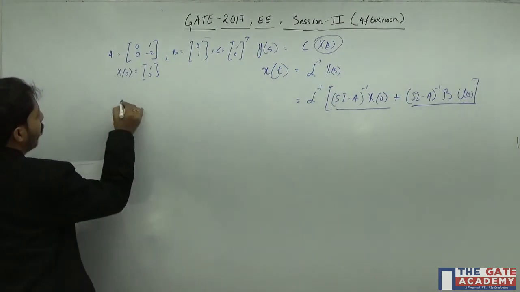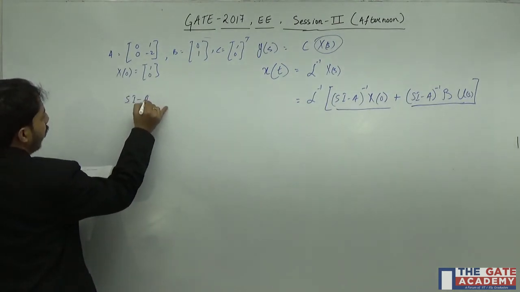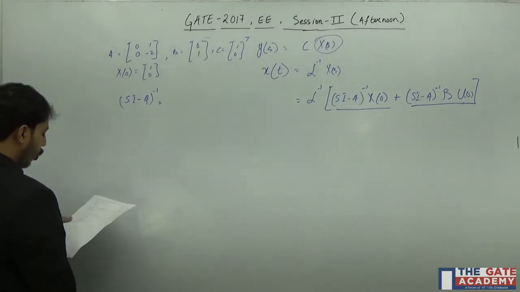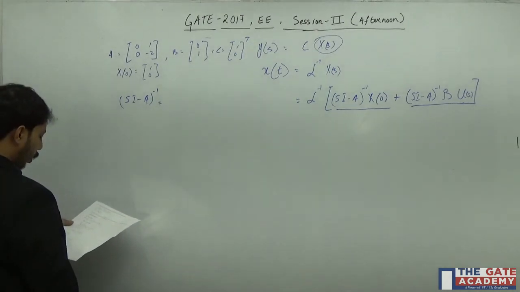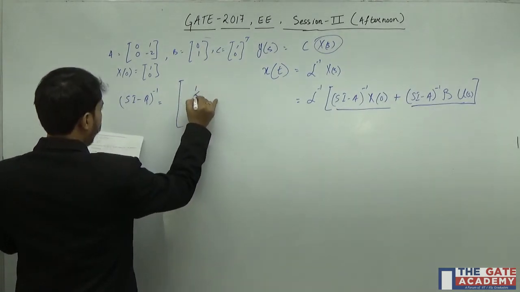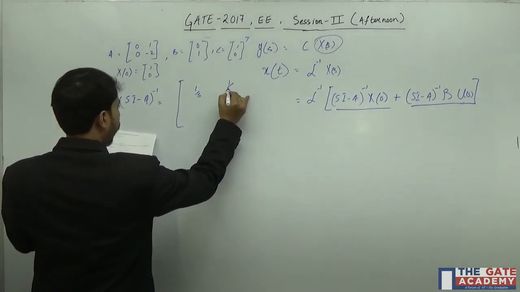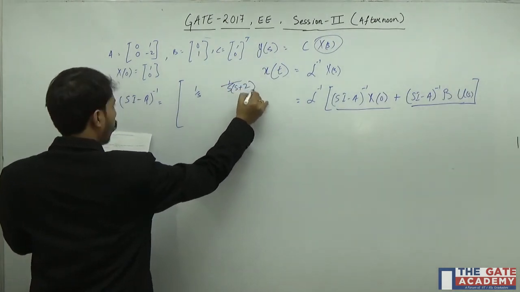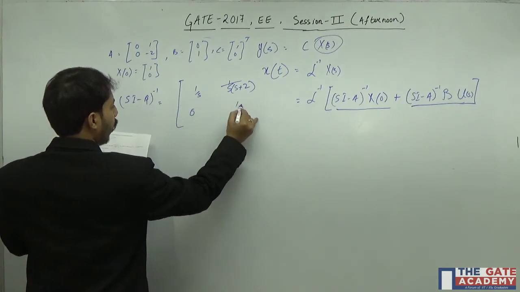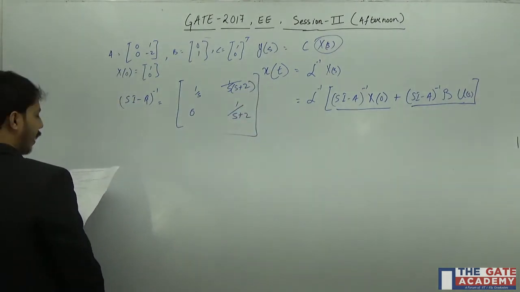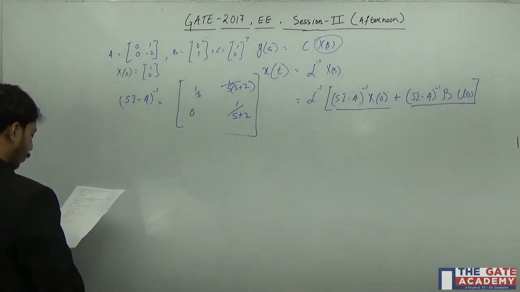Okay, so if I find out (sI minus A) inverse, so we know how to find out this inverse. The value will be, after calculation, [1 by s, 1 by s into (s plus 2); 0, 1 by (s plus 2)]. So this is my (sI minus A) inverse.